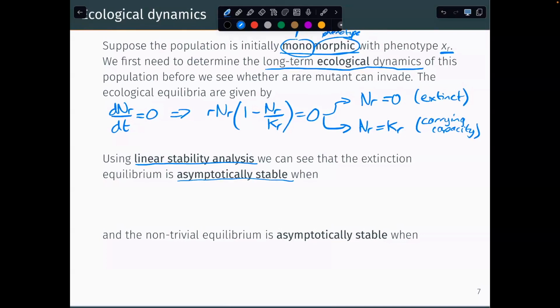In other words, the population will tend there as t tends towards infinity. Well, how do we do this? In linear stability analysis, we're saying this is a nonlinear system, but we're going to approximate it close to any of our steady states, either NR equal to 0 or NR equal to KR.